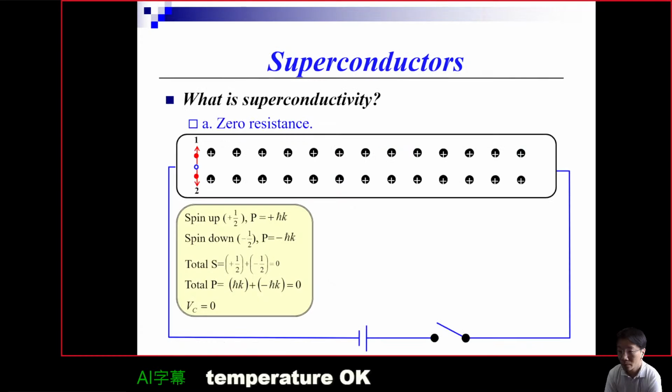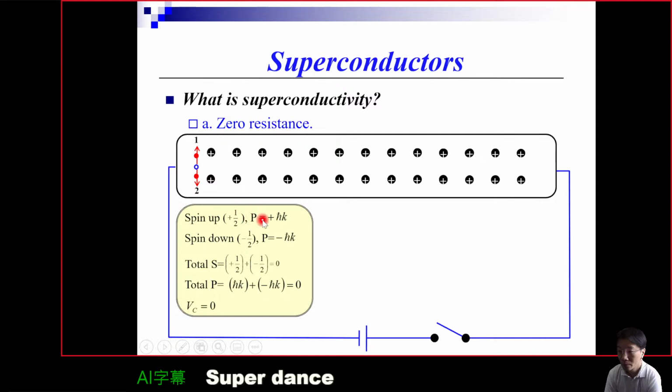Okay, so here are some basic ideas about why the superconductor can have superconductivity. The first feature of the superconductor is that they have zero resistance. How do they get the zero resistance?